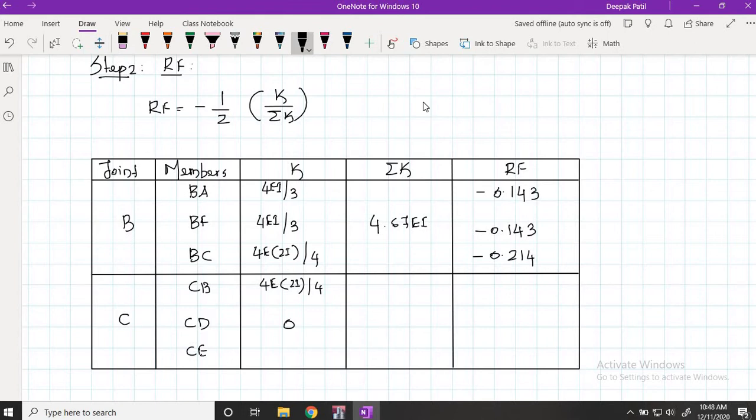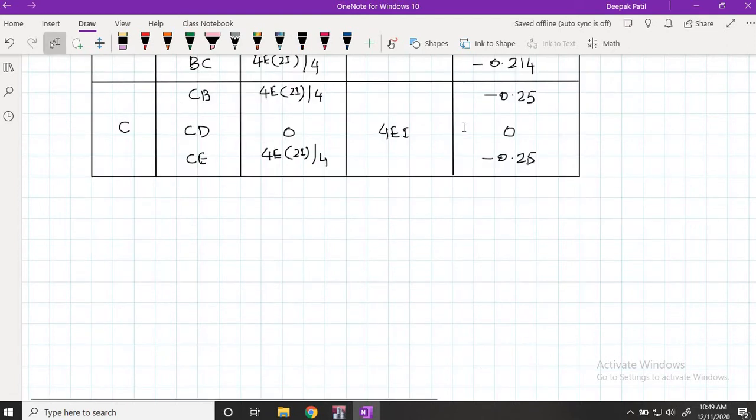And regarding CE, it is once again 4EI, so 4E into 2I by 4. If you do the summation, you will get 4EI, and you can calculate the rotation factor using that formula. So these are the rotation factors which I have calculated. The procedure remains the same, only whatever components are joining at that joint should be considered while calculating the rotation factors.